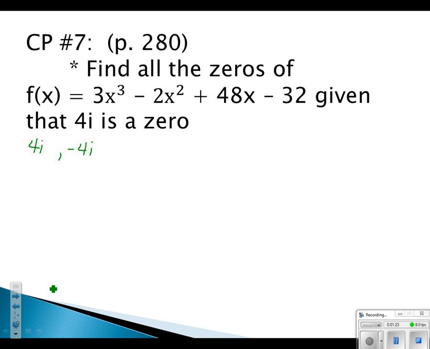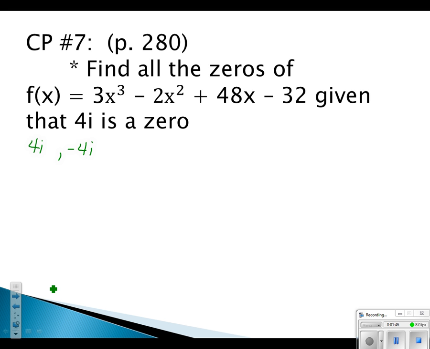Now if we were to find the factors that led to these zeros and get those factors out of our function, it would give us what's left over that we could then probably pretty easily determine the remaining zeros from. So what I'm going to do is list the two factors that would have had these two zeros.